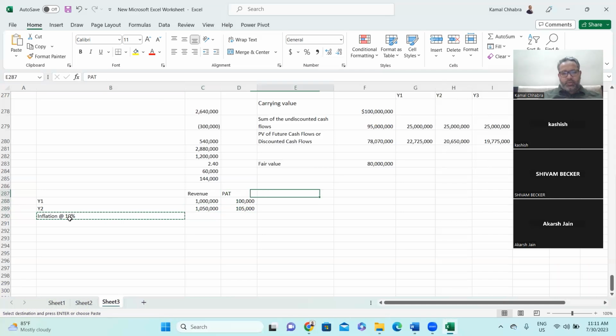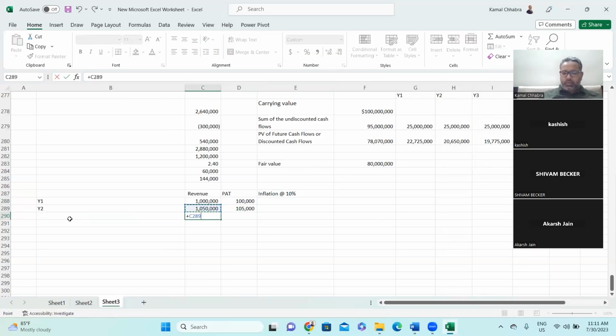So is this growth? Growth is equal to this minus this divided by this.